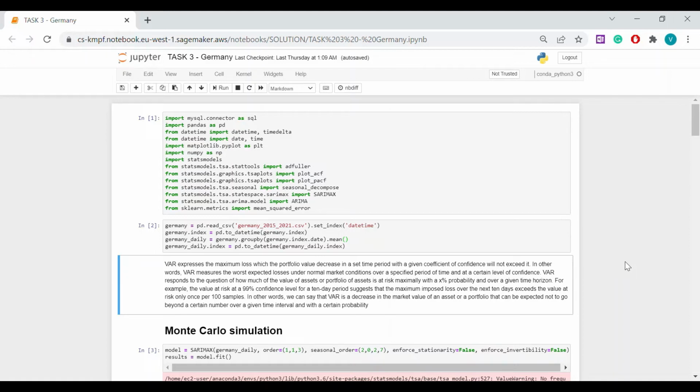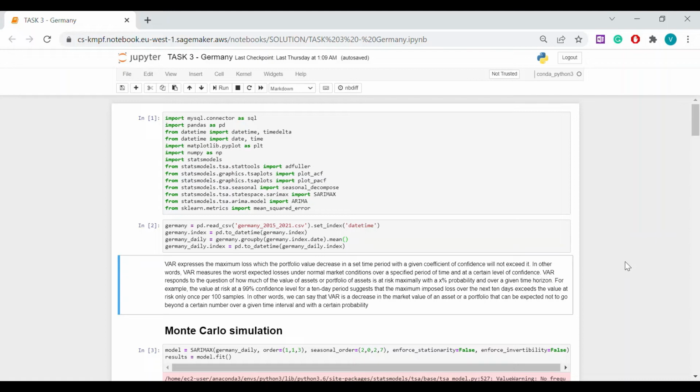So in other words, value at risk seeks to determine the probability of a certain outcome happening. Typically, a probability of 5% is most often used. So, for example, there is a 5% probability of losing a given amount of money over a specified time horizon.